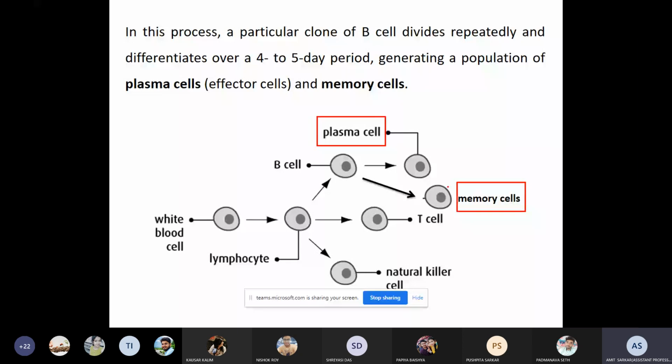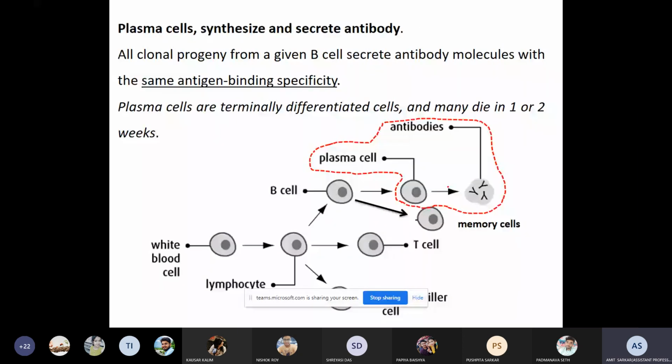So we know that plasma cells synthesize and secrete antibody, and are all clonal progeny of a given B cell. There are some biological terms I'm using; I hope you are more or less familiar with them. Clonal progeny means the cells which come from a particular clone. I said the clone was X type of B cell, one clone, one jati.